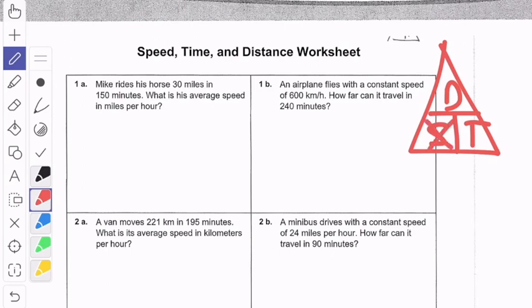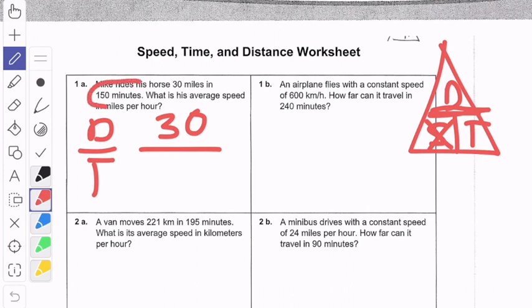So if we want speed, we cover speed, we got distance over time. The distance is 30 miles, over 150 minutes. 60 minutes is an hour, so 150 minutes is 2.5 hours. So you divide by 2.5, and that will give you your answer.